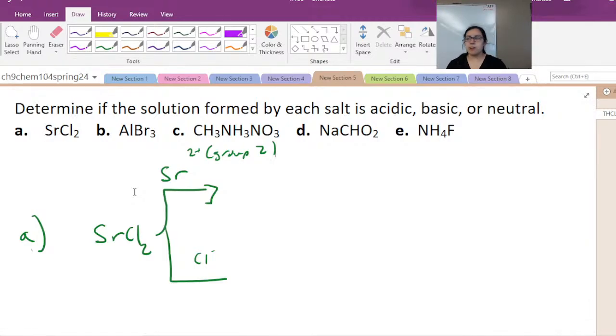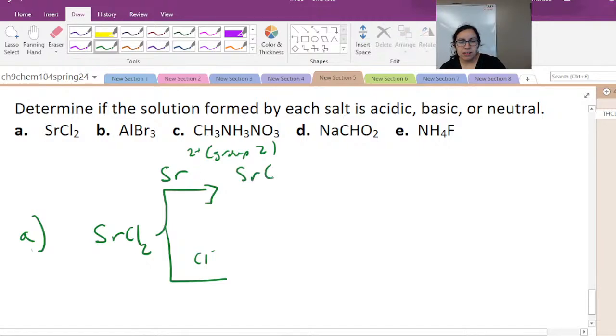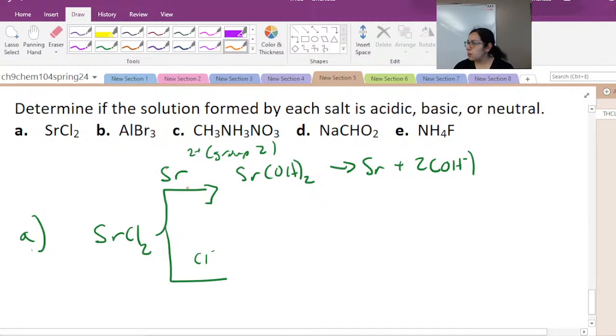Yeah, produces hydroxide. So the simplest base is strontium hydroxide. Then it's asking, does it fully dissociate? It's a group 2 ionic compound, so yes, it fully dissociates. And if it fully dissociates, that means our strontium is neutral.